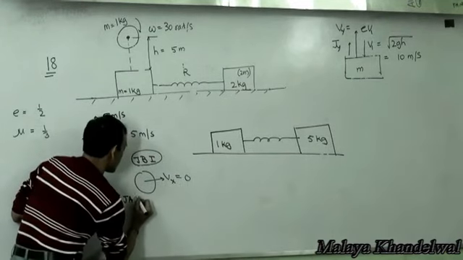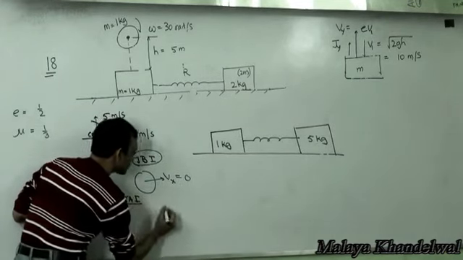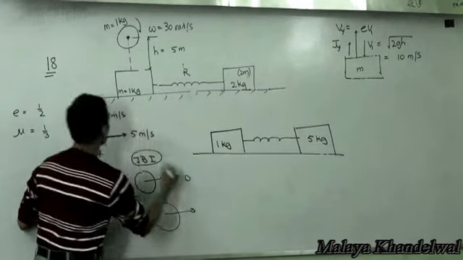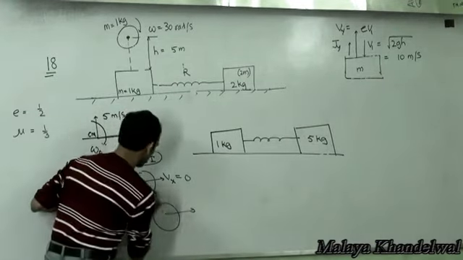Just after impact, the horizontal velocity of the ball became 5 meters per second. This is 1 kg.